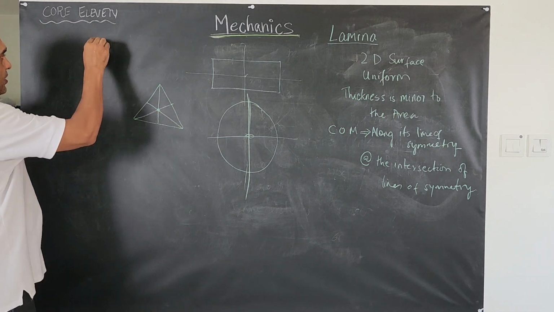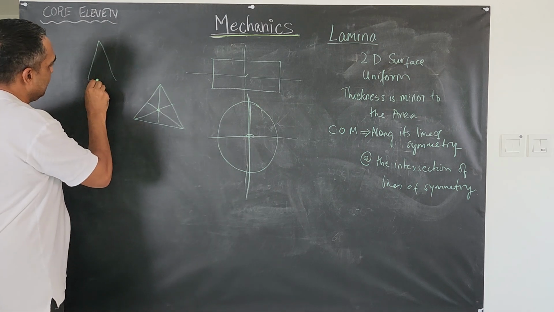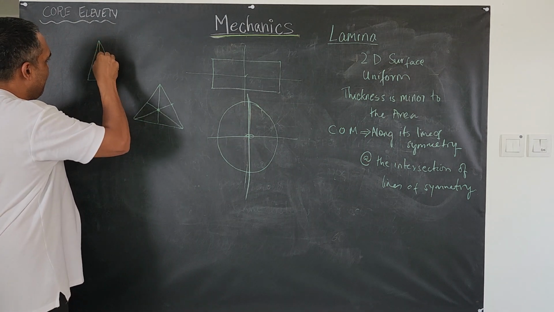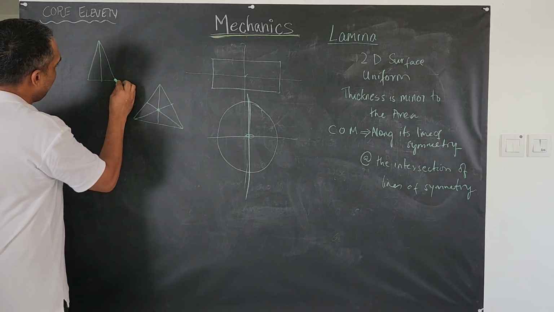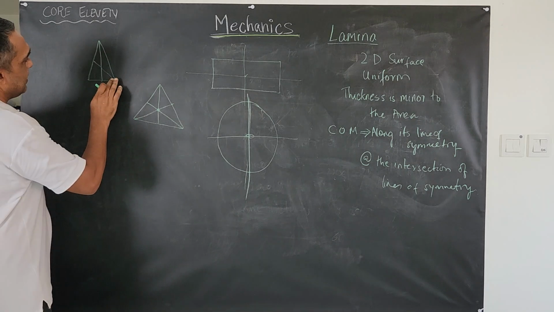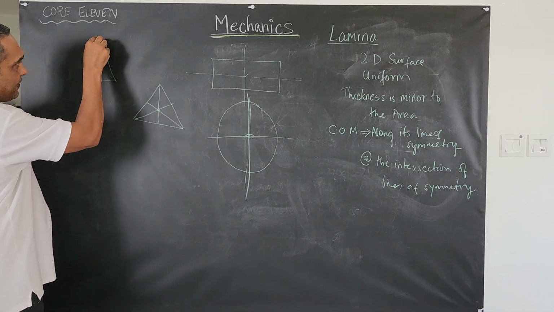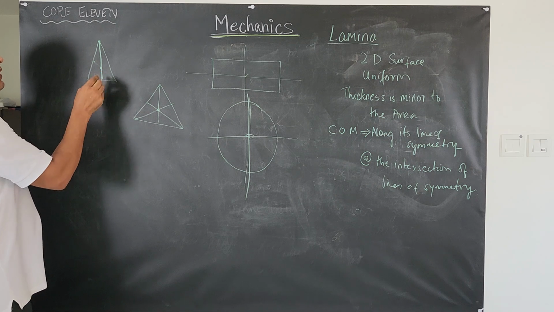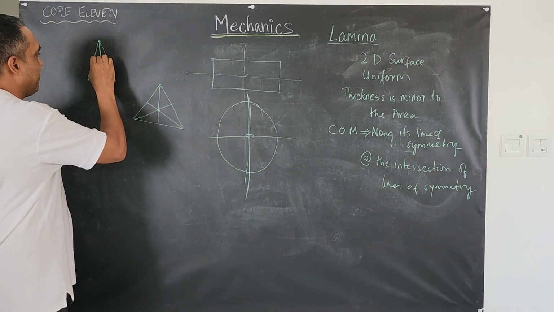If you had an isosceles triangle, that would also be a line of symmetry, but you may not be able to get the same with this. It's not a line of symmetry. However, the center of mass will lie on the line of symmetry if there exists one, right? But these two are not lines of symmetry.